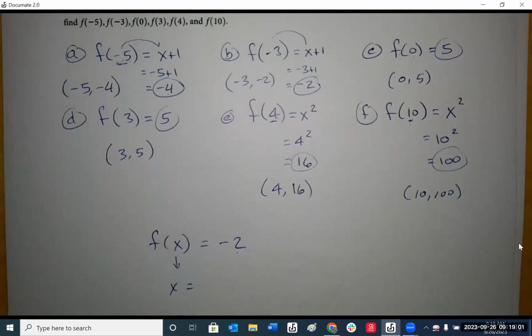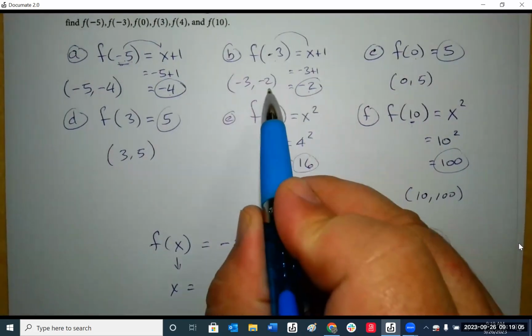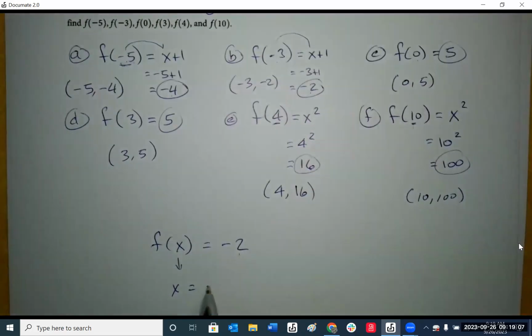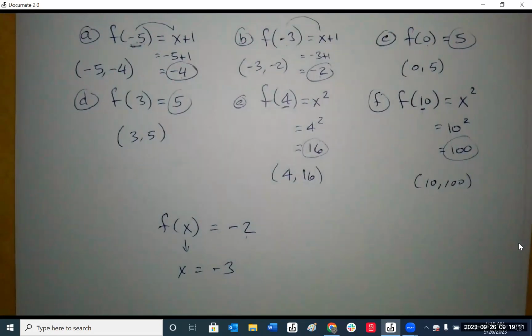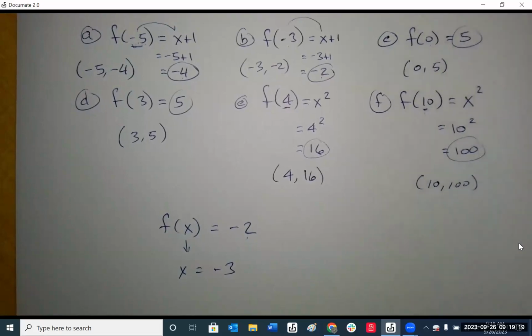The y value of -2 occurs when x is -3. So you have to be able to go both directions. I can give you the y value, tell me what x it came from. I can give you the x value, you tell me what y value it is.